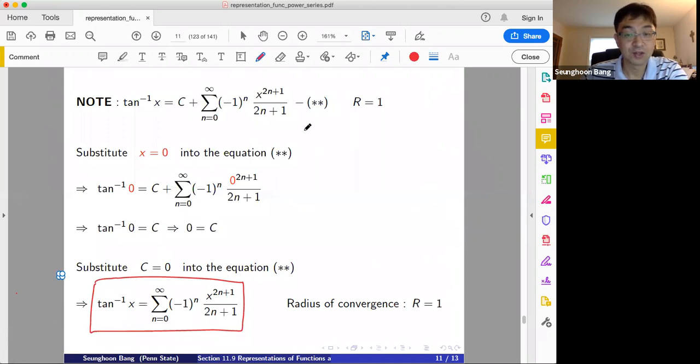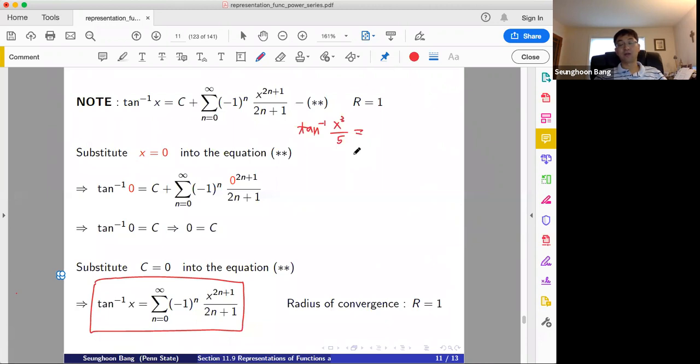A similar question: how can you find the power series representation of inverse tangent of x cubed over 5?